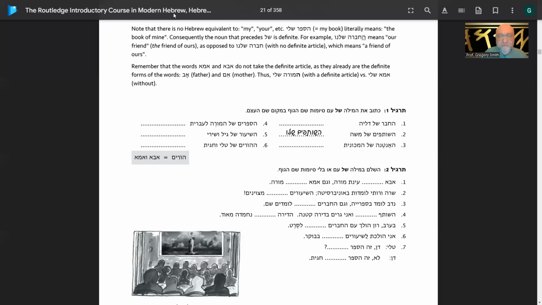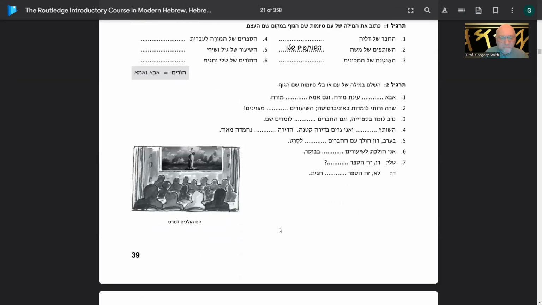All right, let's see how much time I've gone on this. I try to keep it to an hour. Before we do that, let's take a look at this. Hem holchim laseret. Okay, they are going, they went, holchim, they went laseret.